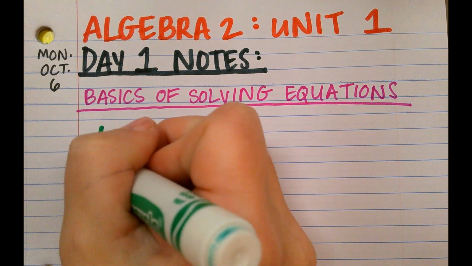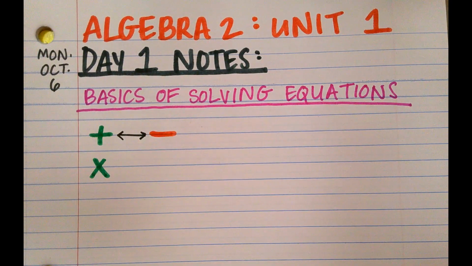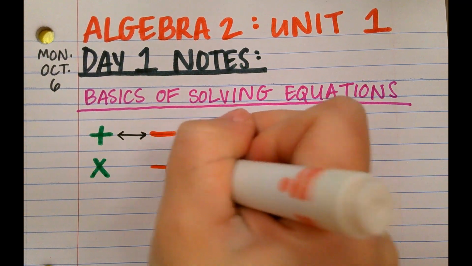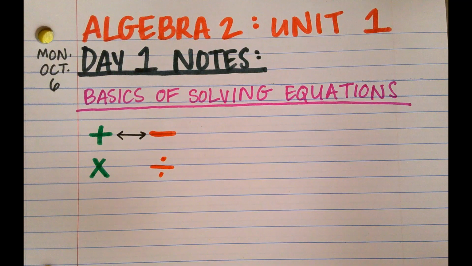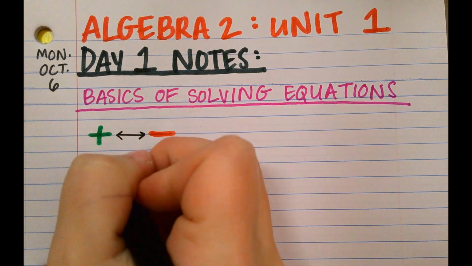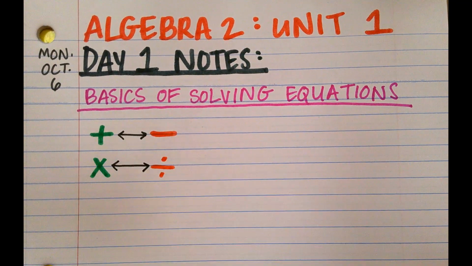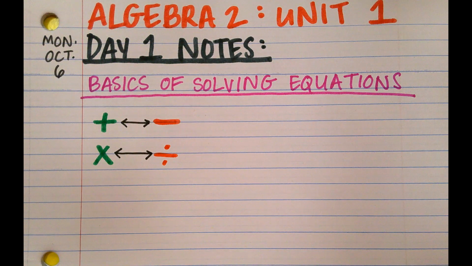Then we have multiply and divide. Those are also opposites. I want to introduce something that many of you may have seen, but this also might be new to you. And if it is, don't freak out. We're going to talk about it.